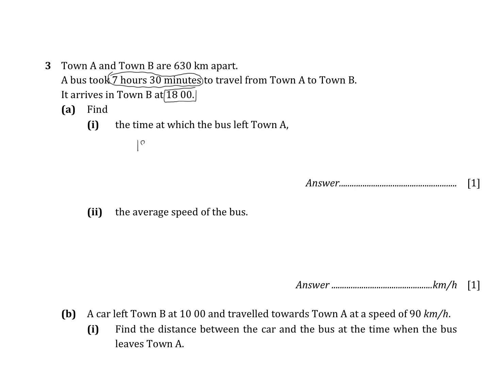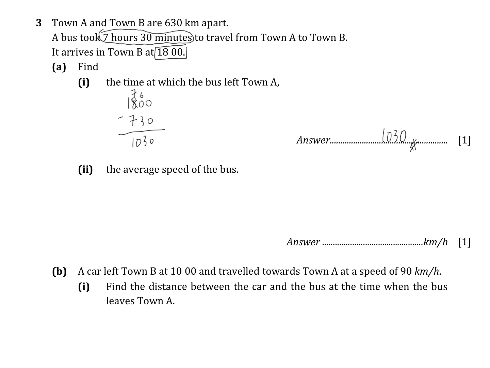So if you subtract this off, take away the 7 hours 30 minutes, you would have been left with 10:30 a.m. as the timing. Or you can count backwards. Some of you count it wrongly and give me 11:30.